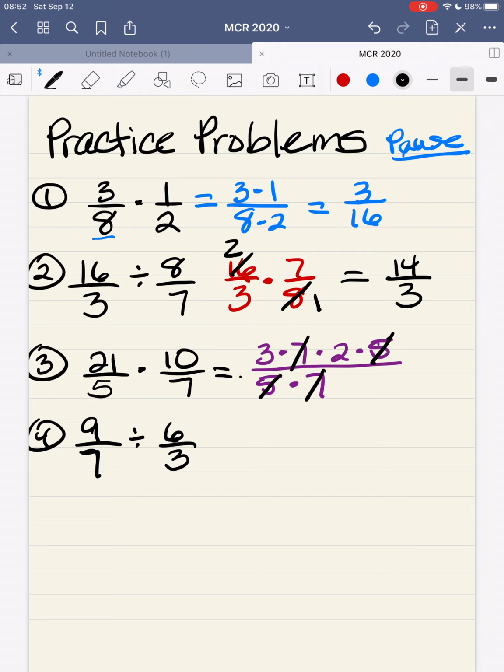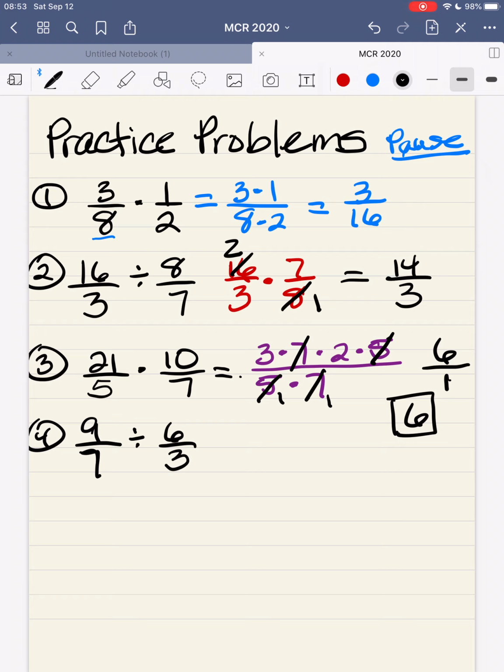I have a pair of 5s that can cancel. 3 times 2 is 6, but on the bottom it appears that I don't have anything. But remember, we talked about these being 1s. So I end up with 6 over 1. Remember, we don't leave whole numbers over 1, so my answer in this case is just 6.